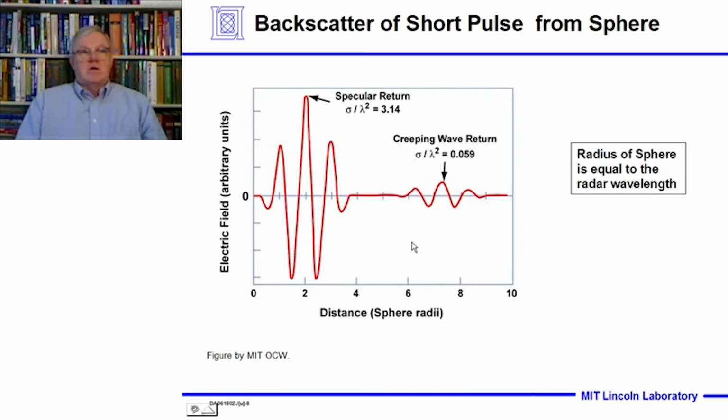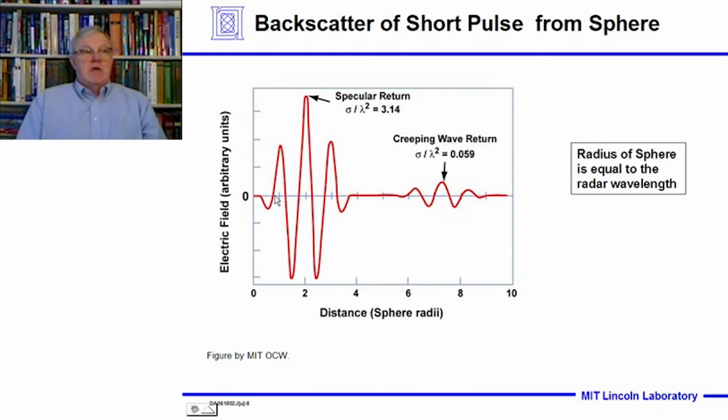John Reinstein and a colleague were able to, and this is from a published paper that he wrote, calculate what the return is from the specular, which is right off the tip of the sphere, and then that wave that creeps around the back. And for the case where the radius of the sphere is equal to the radar wavelength.